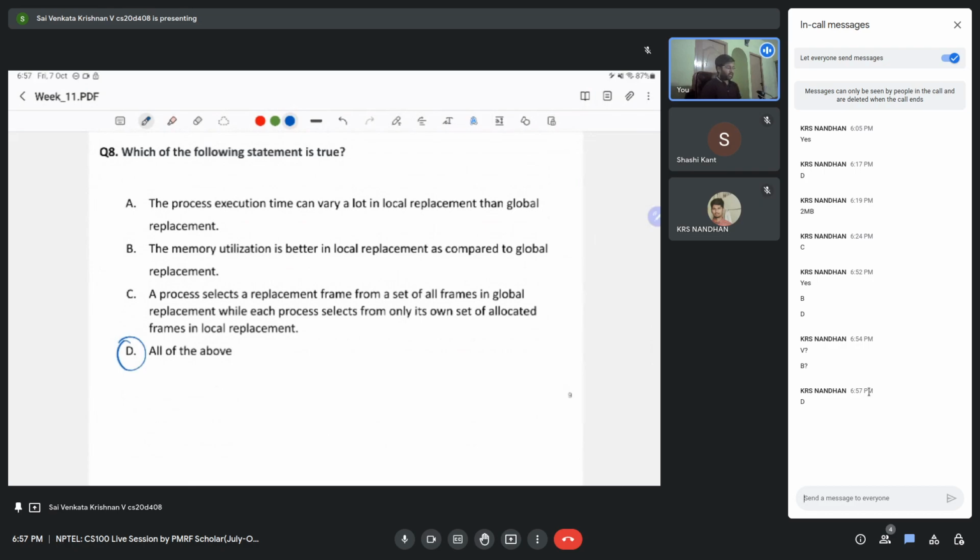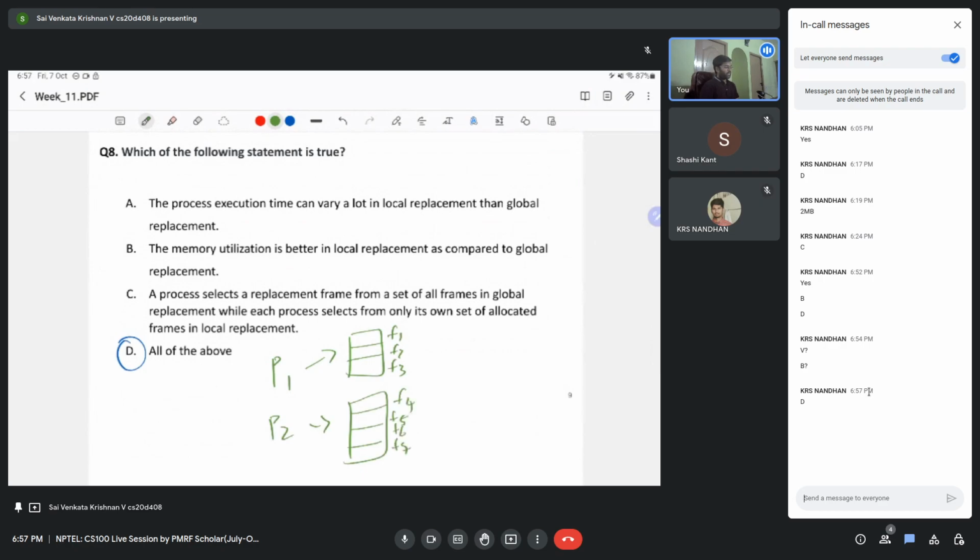Let's go one by one. A process execution time can vary a lot in local replacement than global replacement. So what are local and global replacement first of all? Say P1 is allocated 3 frames, F1, F2, F3, and P2 is allocated 4 frames, F4, F5, F6, F7.